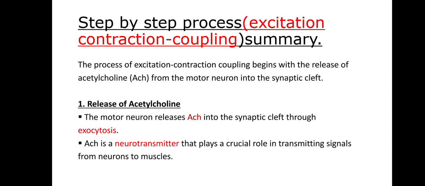Now we are talking about a special synapse, which is a neuromuscular junction, where the transmission of electrical impulse needs to move from the neuron into the muscle so that the muscle can be depolarized and bring about what? Contraction. I'm going to explain this step by step, but hang on just a bit.